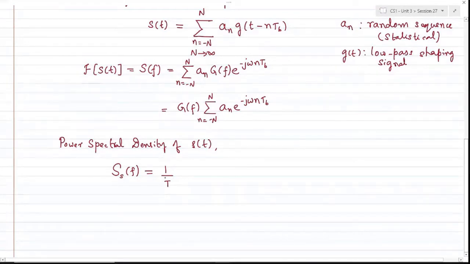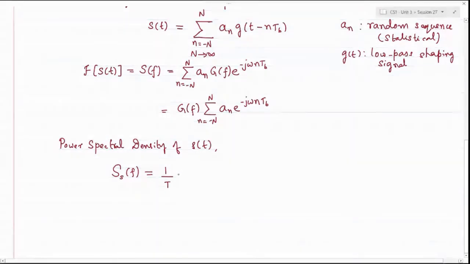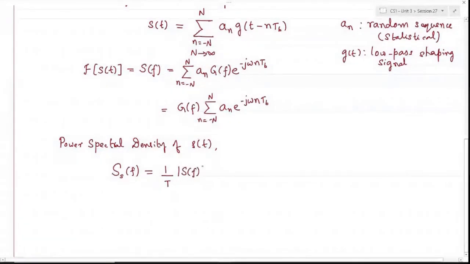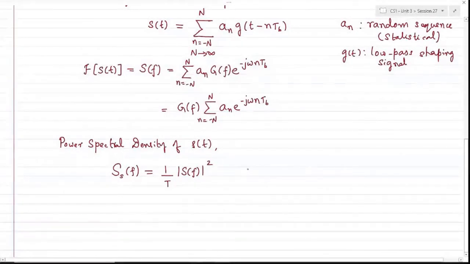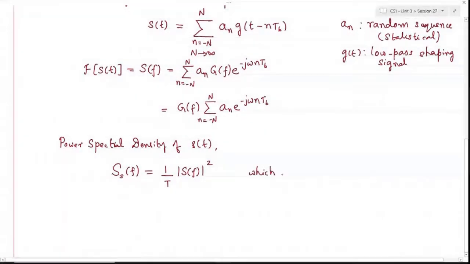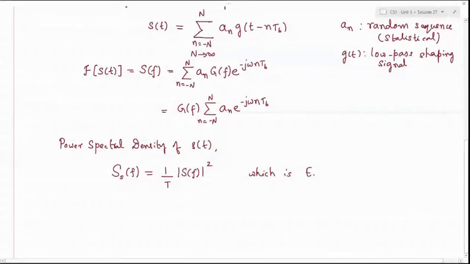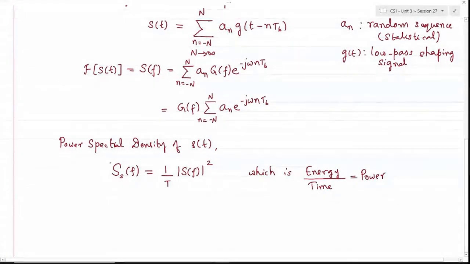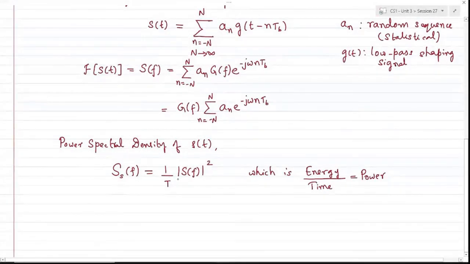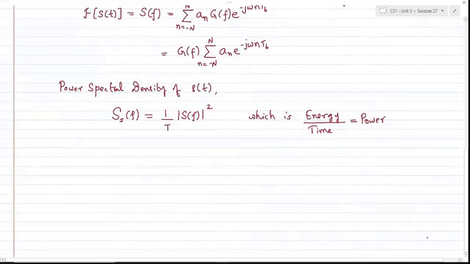So the density, in the sense it's normalized with respect to the time factor, is magnitude of S of f whole square. This is nothing but power, which is energy over time. Energy over time, that we know, the basic relation. So the left hand side is now power. The magnitude of S of f whole square is energy, kind of V square, and over time will give us the power.